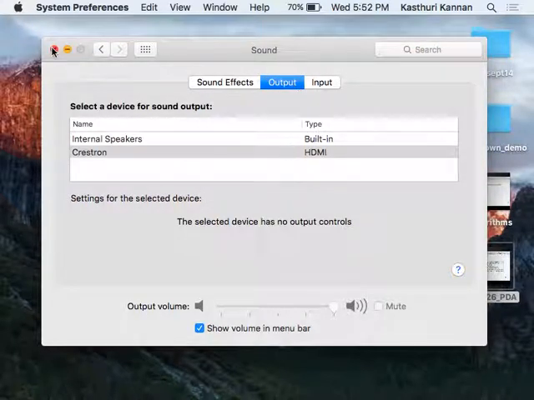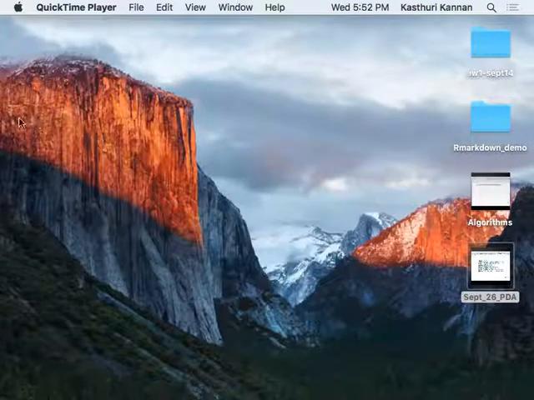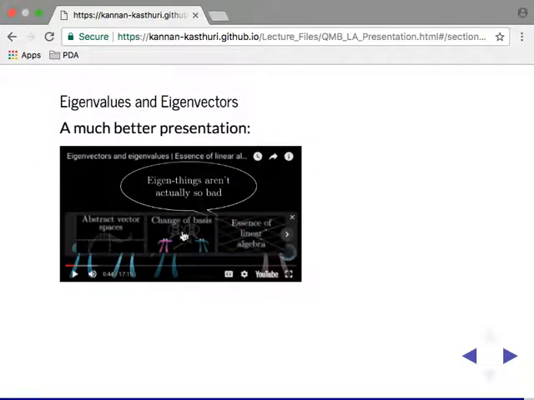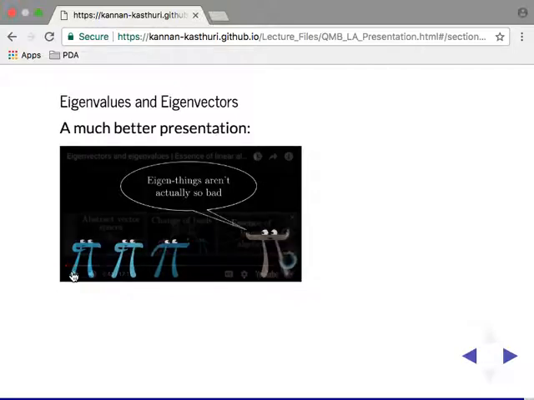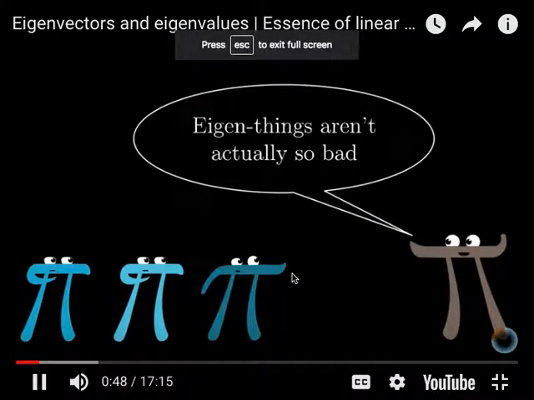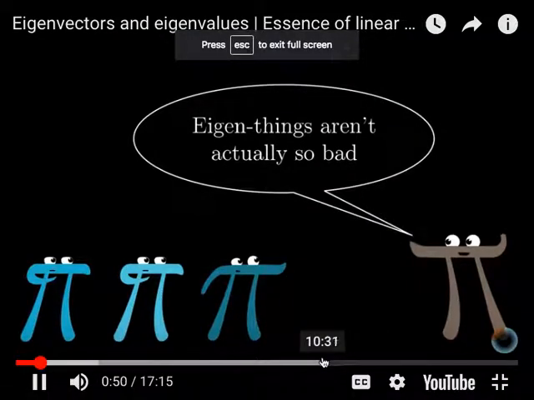That's strange that it's not playing sound.